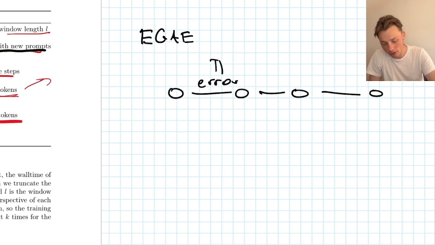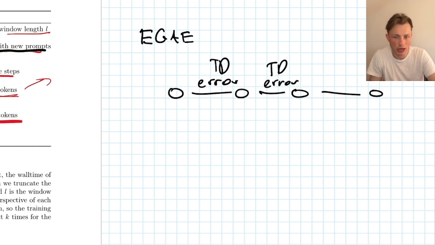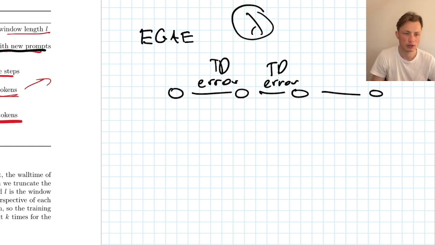So this was our temporal difference learning error, or residual, and then we weight all the errors given a parameter called lambda. So the further in the future, the more the error will be discounted, because this is the way we can make the trade-off between bias and variance.